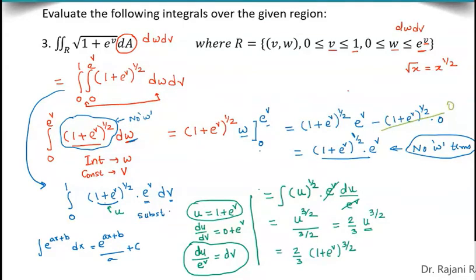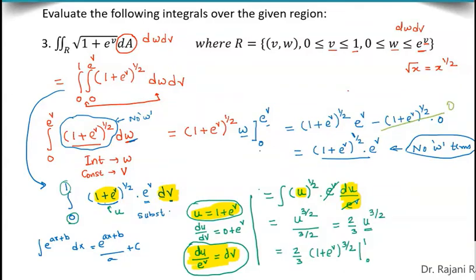Now the limits for v is from 0 to 1. Replace it, 0 to 1. So is it clear what we did? We replaced here u 1 plus e power v by u, and then dv is replaced by du over e power v because of these terms here. This is the value of dv and this is the value of u. Okay, and then we cancel the same term and simplified.